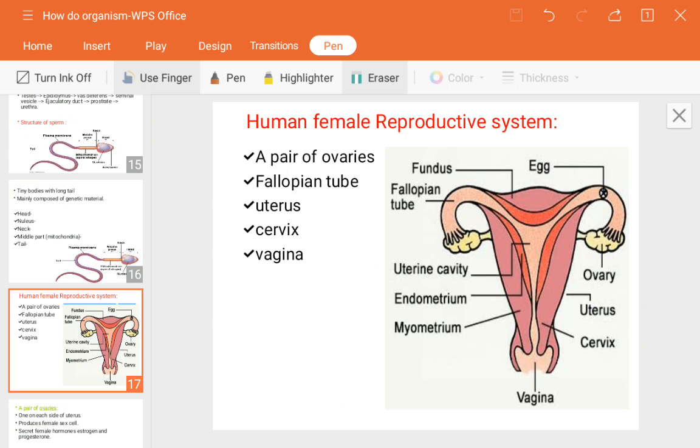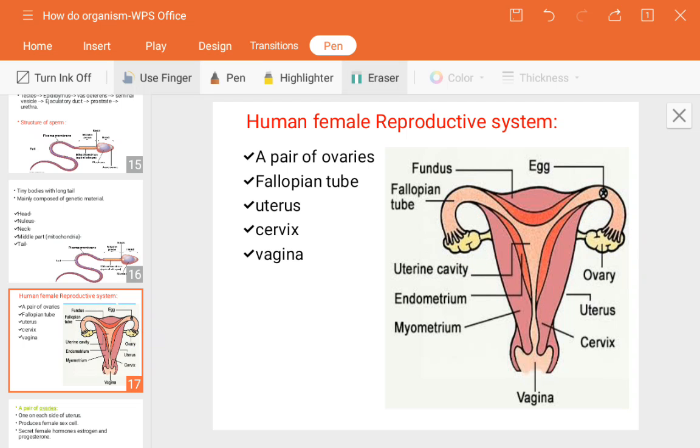Next, the fallopian tube holds the two ovaries with the help of finger-like projections. In the image you can see this is the fallopian tube. It is holding the ovaries from both sides with the help of finger-like structures.